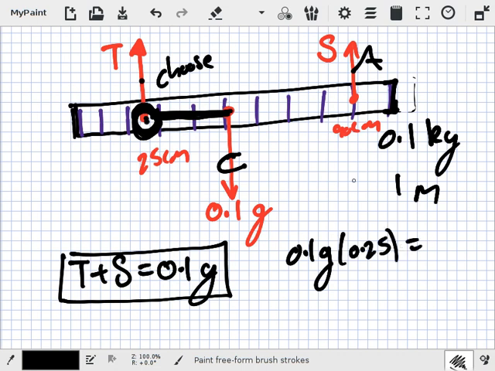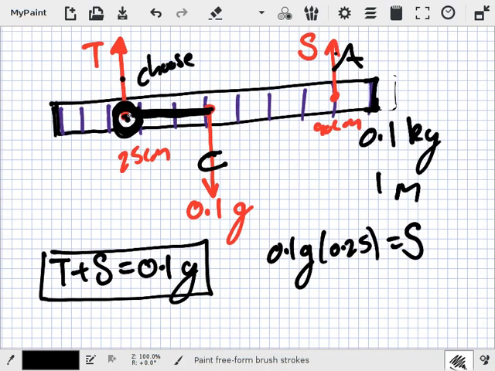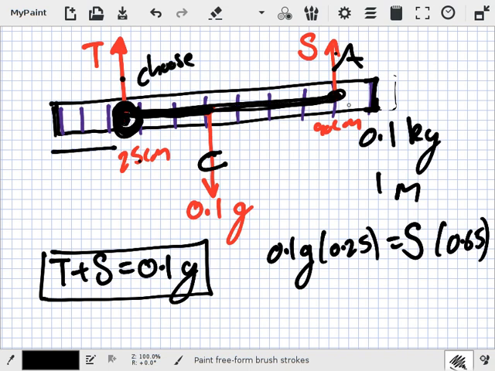Okay, and that should equal this turning force, which is S. And what's the distance from here all the way to here? 65. Is it 90 minus 25, yeah? 65, okay. So that's 0.65, because that's the distance from here to the turning point.